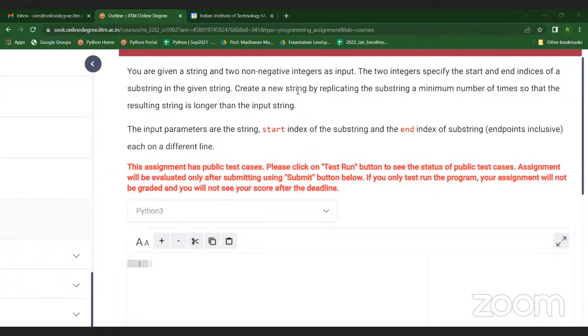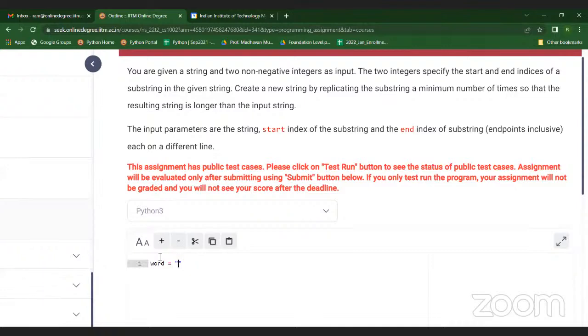Sir, please show the example again. Okay, so I'll give you some. Let's say word equals to, can you tell me some word? Python.